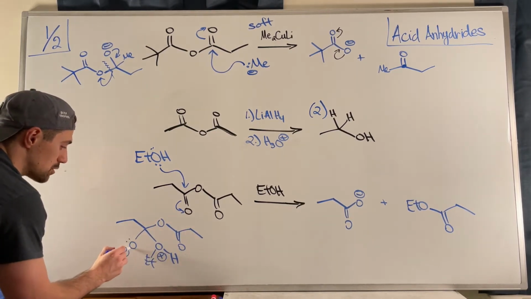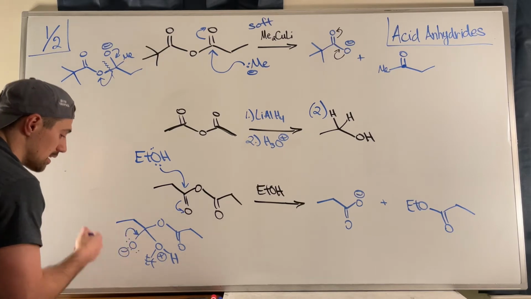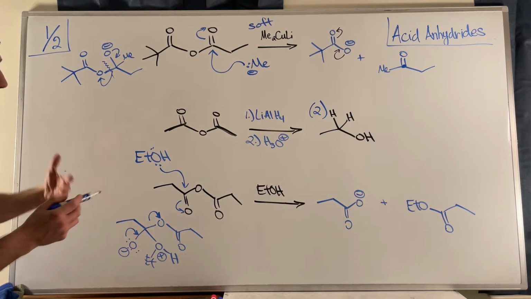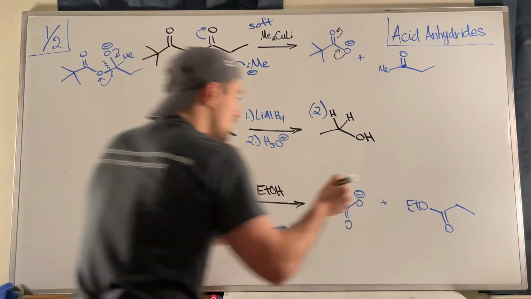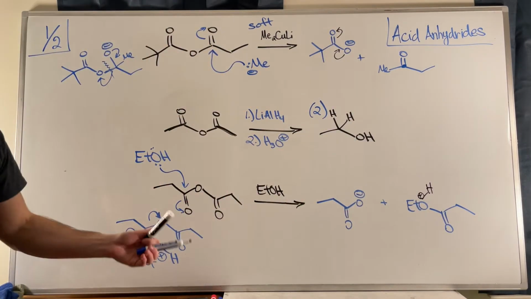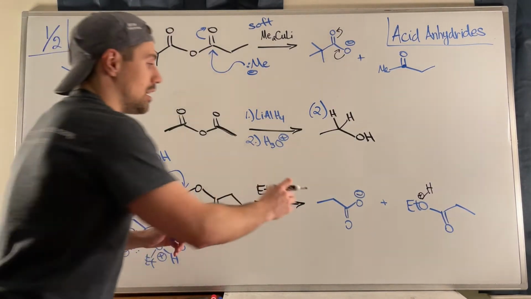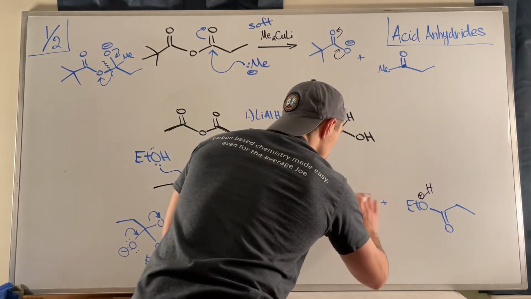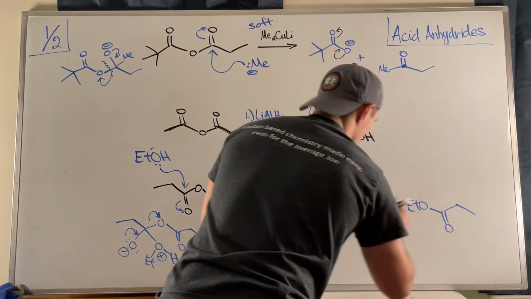Then we have a tetrahedral intermediate. We've added, now let's collapse it and eliminate. So at first you will have this. And if you had on your answer that this grabbed this, and you kind of had this situation, that's totally fine too.